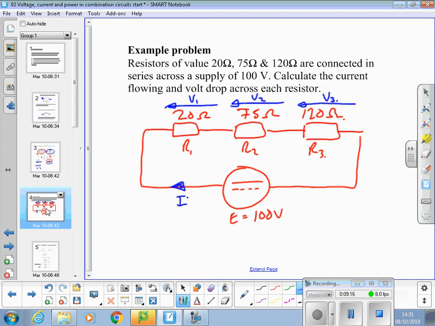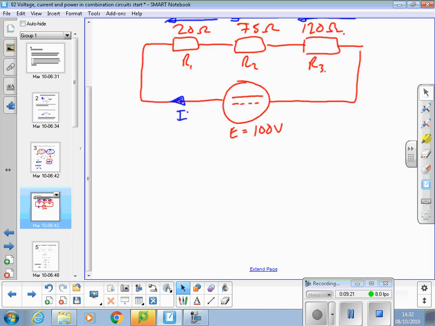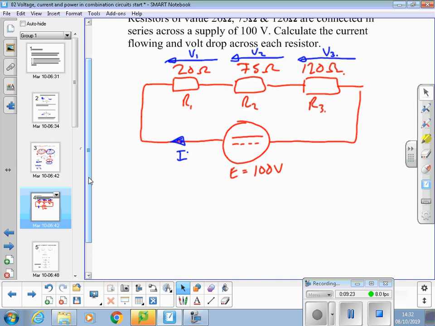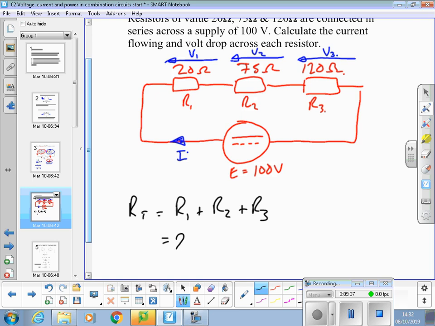Where do I start? So we can go RT, R1 plus R2 plus R3: 20 plus 75 plus 120 equals 215 ohms.